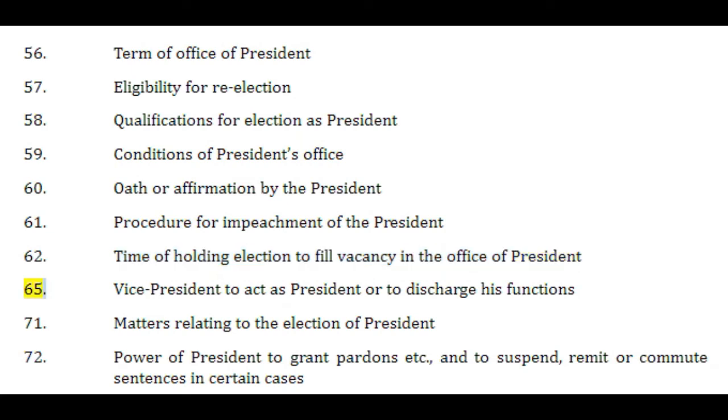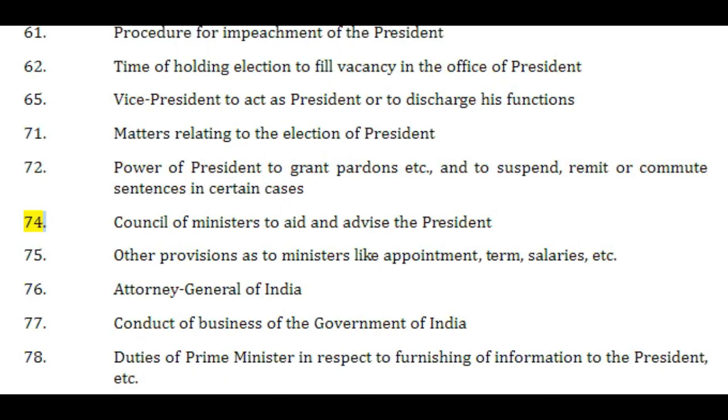65. Vice President to act as President or to discharge his functions. 71. Matters relating to the election of President. 72. Power of President to grant pardons etc. and to suspend, remit or commute sentences in certain cases. 74.